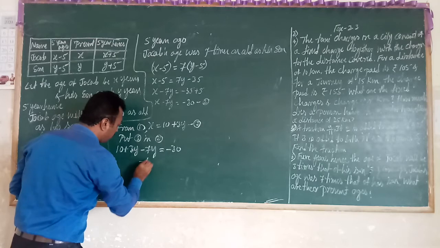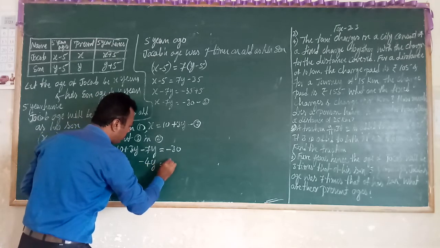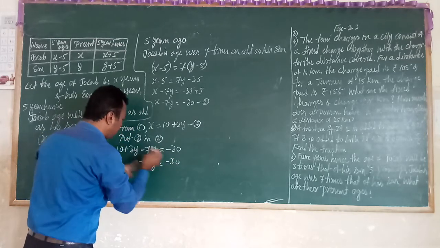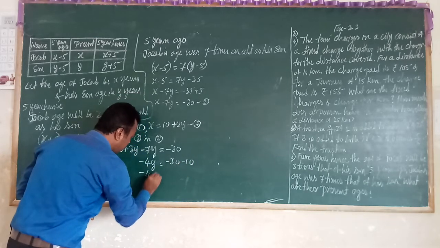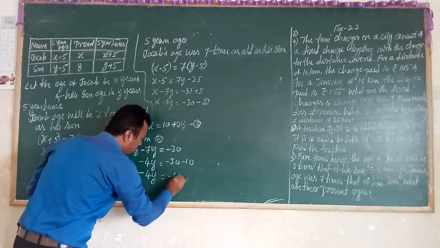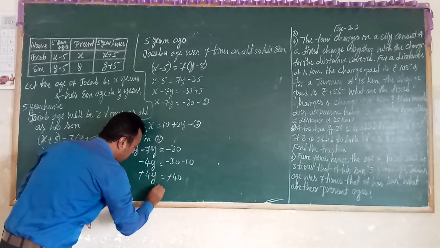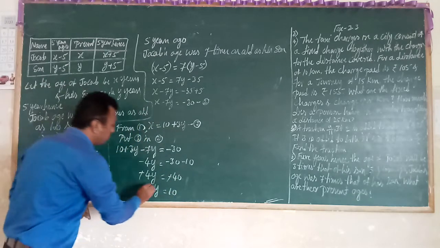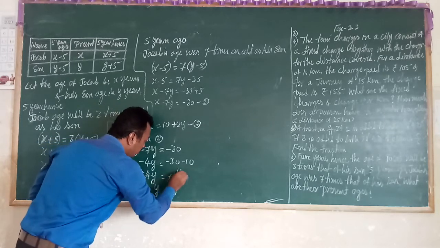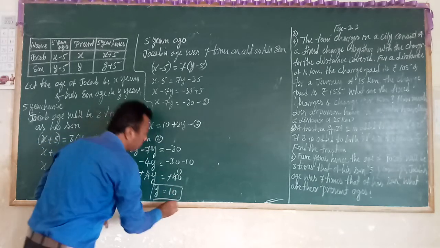So minus 4y equals minus 30, and sending the 10 over gives minus 4y equals minus 40. So 4 tens are 40. Therefore y equals 10 years. Correct?